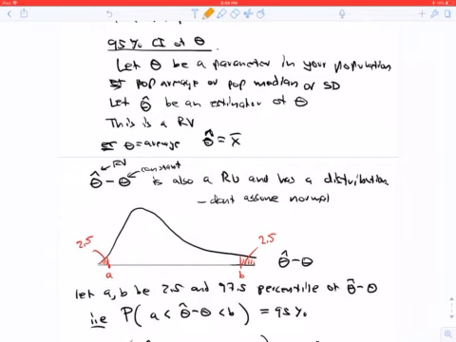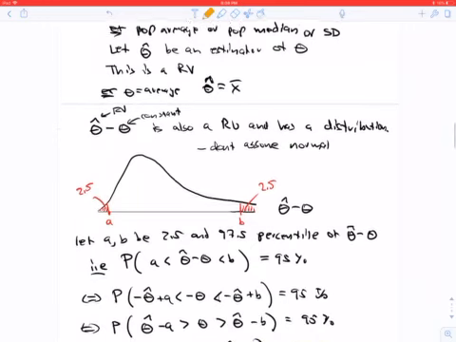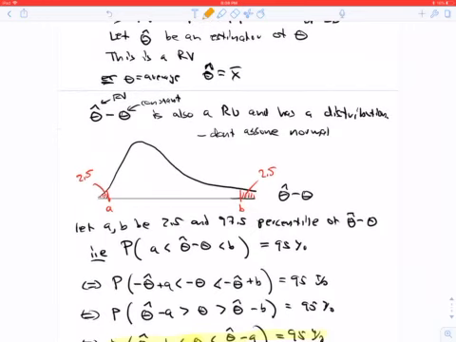First, a little theory about confidence intervals for a general population parameter. So let theta be a parameter of your population, and theta hat be an estimator of theta, could be a MOM estimator. And we're going to look at theta hat minus theta, which is a random variable, not necessarily normal.